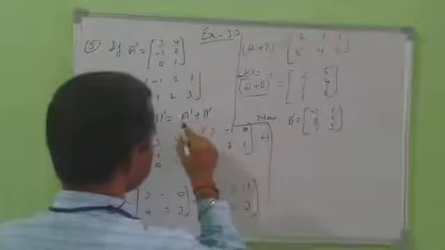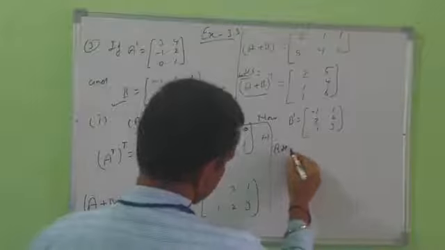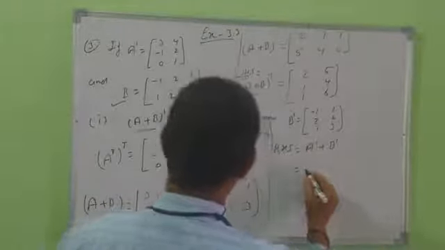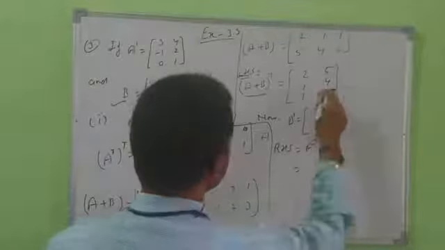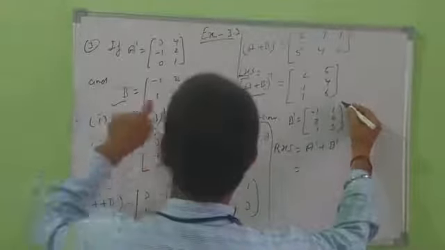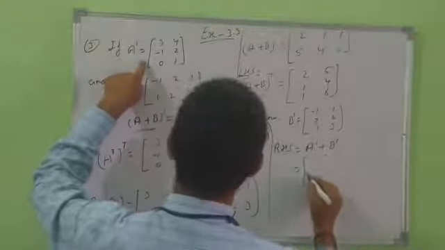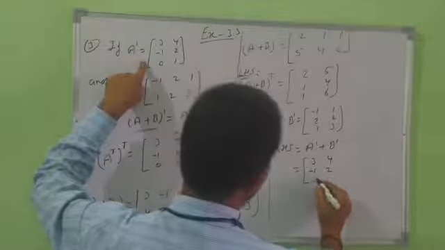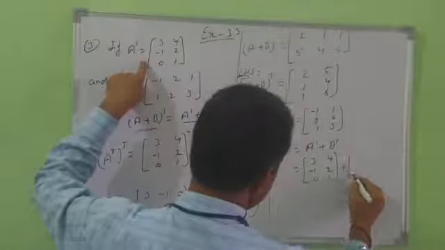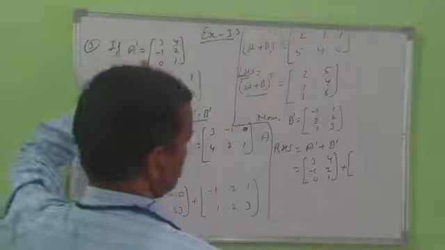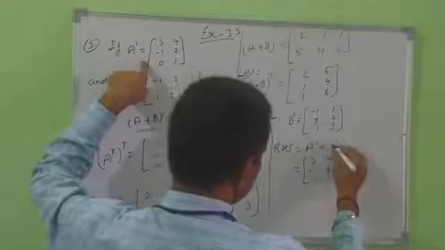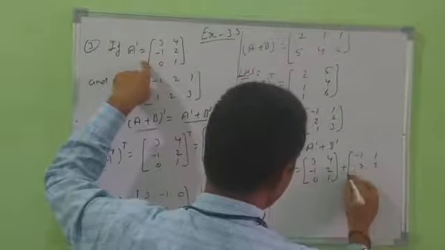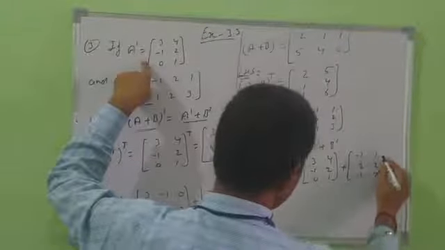After that, you will add for the RHS side, A transpose plus B transpose. What is the value of A transpose? This is the A transpose value: 3, 4, minus 1, 2, 0, 1, and plus B transpose: minus 1, 1, 2, 2, 1, 3.